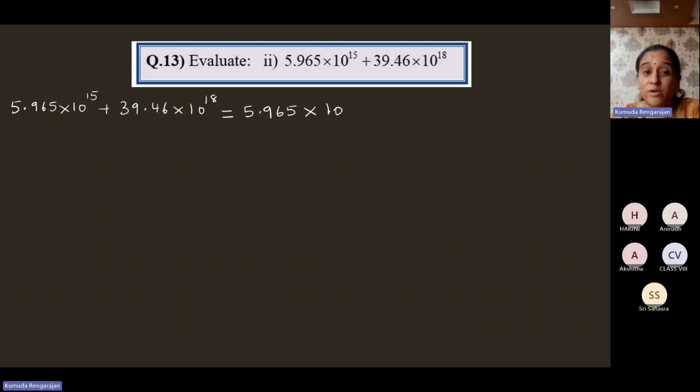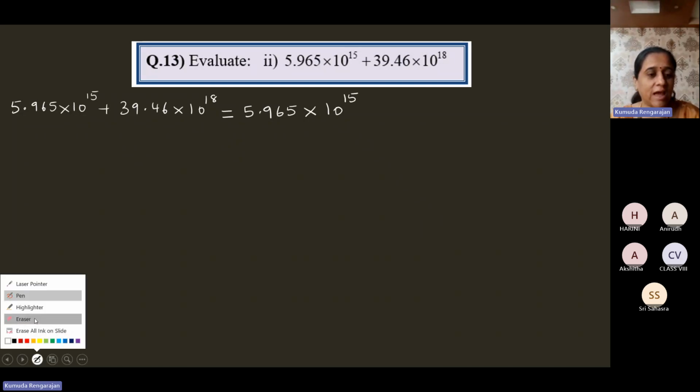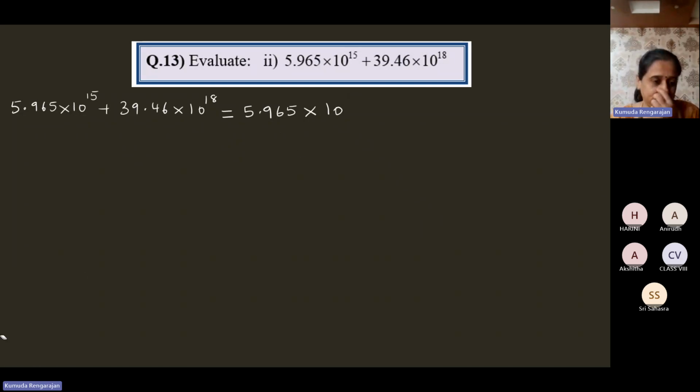Watch out. I don't want to write 15. I want to change that. So I'm going to write 15 in a different way using 18. Instead of writing 15 there, I'm going to write 18 minus 3. So it's the same as writing 15, right?